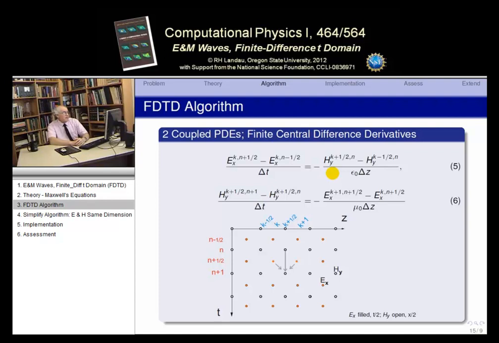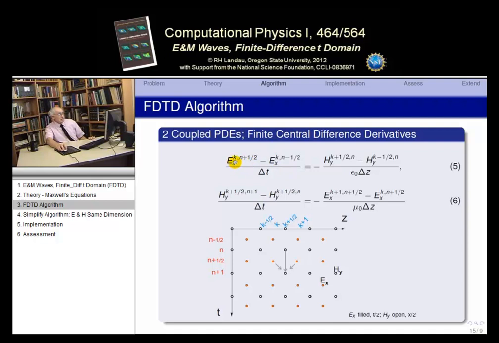And what we have on the next slide is the same 2 coupled equations, Maxwell's equations, put together here in the central difference approximation for derivatives in the discrete form. So these are the 2 coupled equations we need to solve.